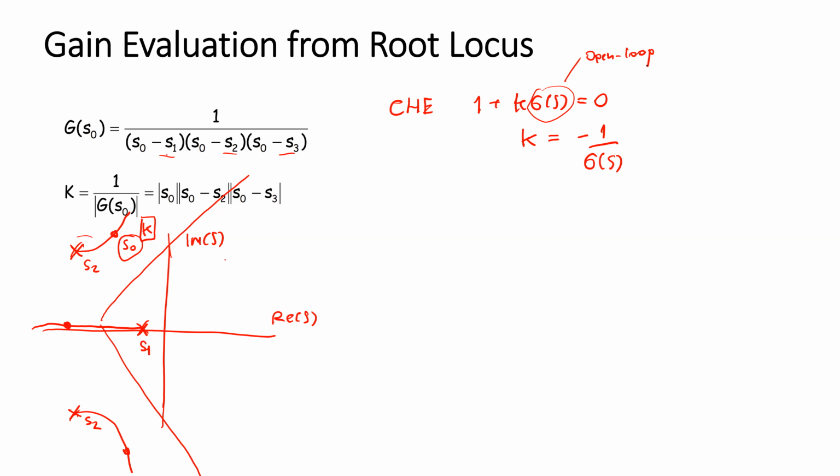So the magnitude of gain k, which is a positive value, is the magnitude of 1 over G(s).